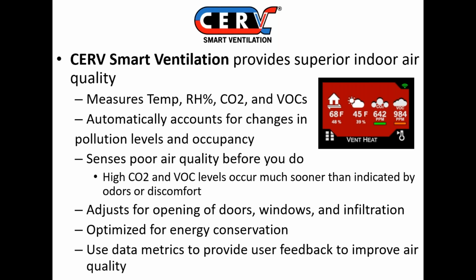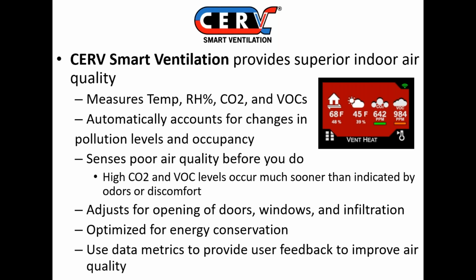VOC is something else that the sensors are going to sense most likely before you will. So by the time you can smell high VOCs, most likely they're going to be way out of range. But each compound is different. Some VOCs you're going to smell at levels that are actually harmless, as opposed to ones that you can't detect that may be at a concentration that are harmful.